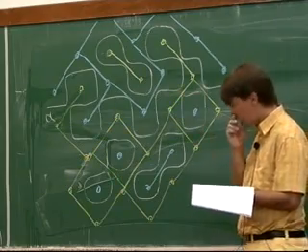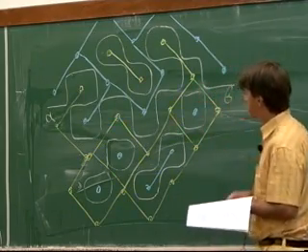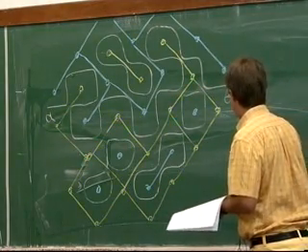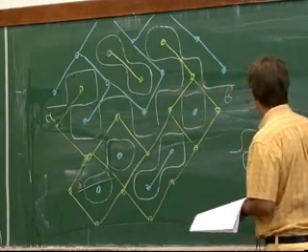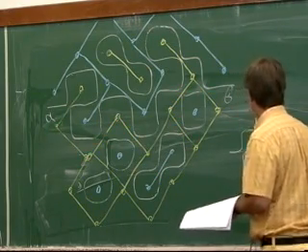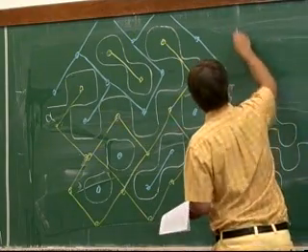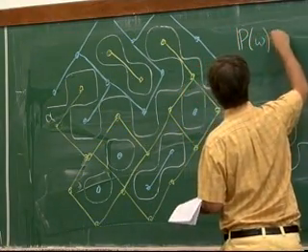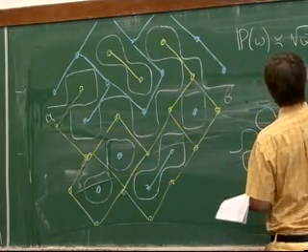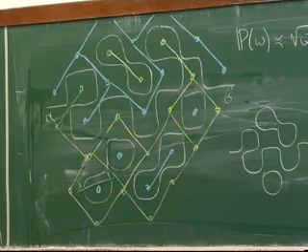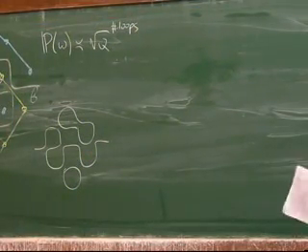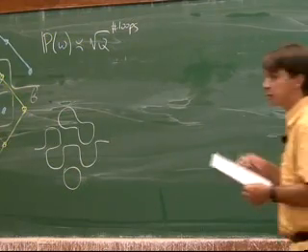Or you can think from the very beginning with the loop model, where there is a source at A and sink at B. So you just erase the clusters and think about pictures like this. Then once again, the probability of a configuration is proportional to square root of q to the power number of loops. And we will eventually work with the Ising model where q equals 2, but the setup is for general q.